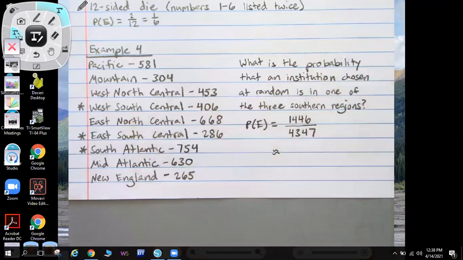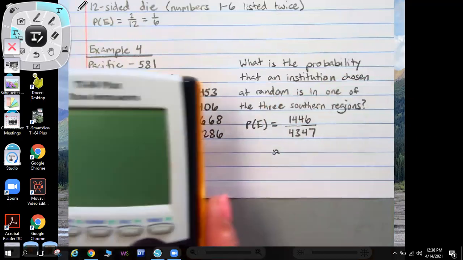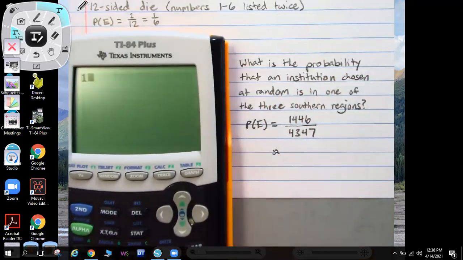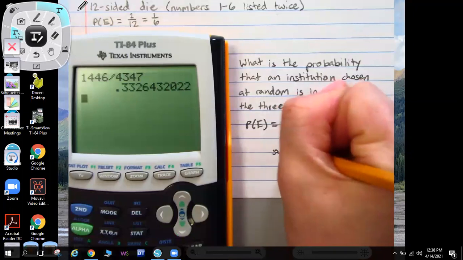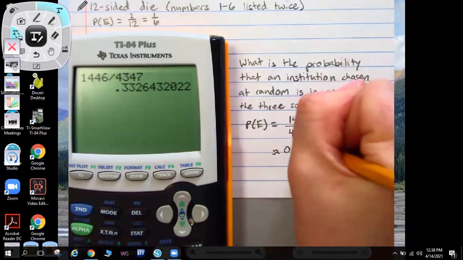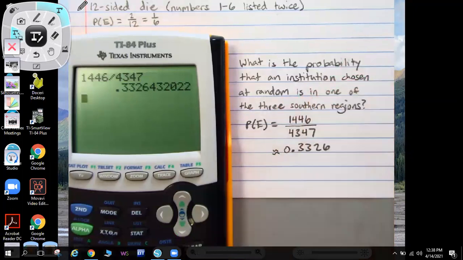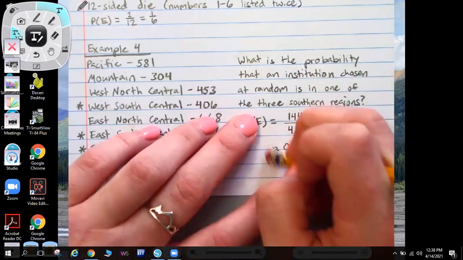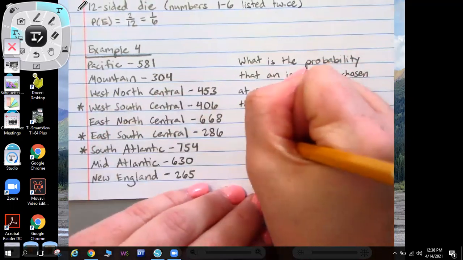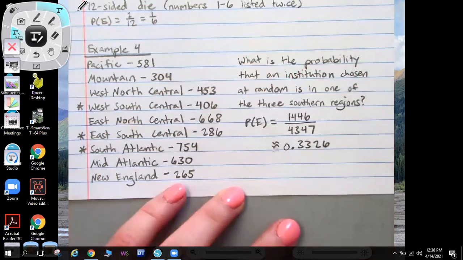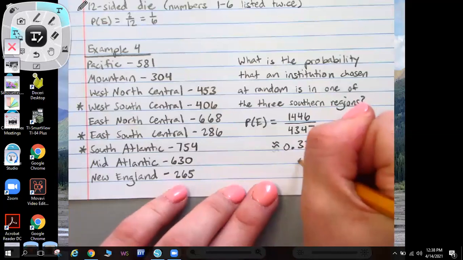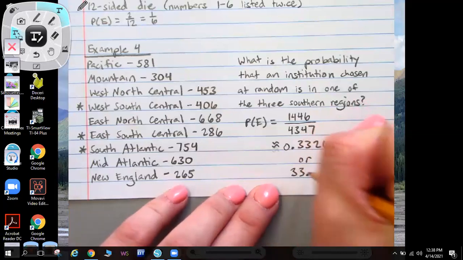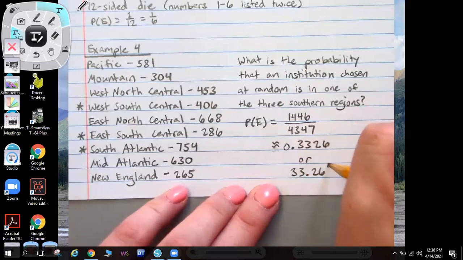So that probability is about 0.3326, or 33.26%.